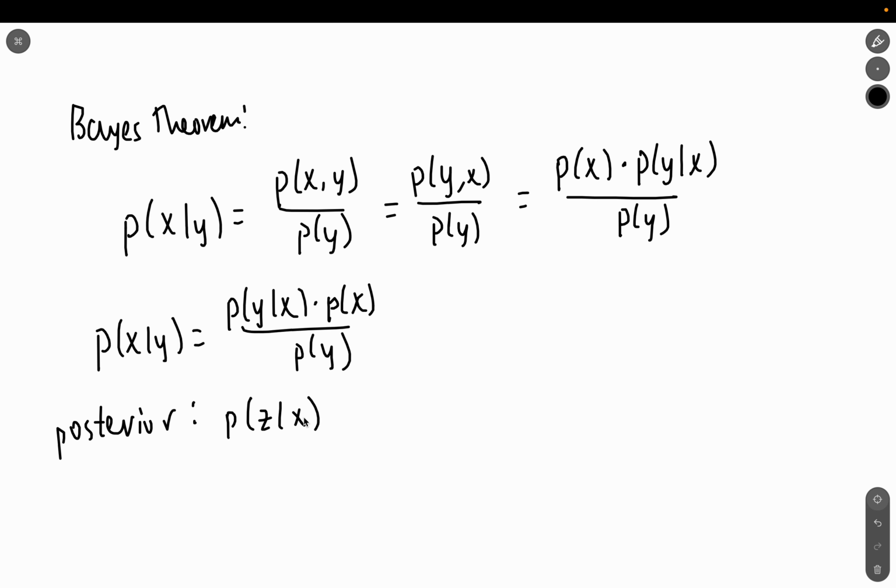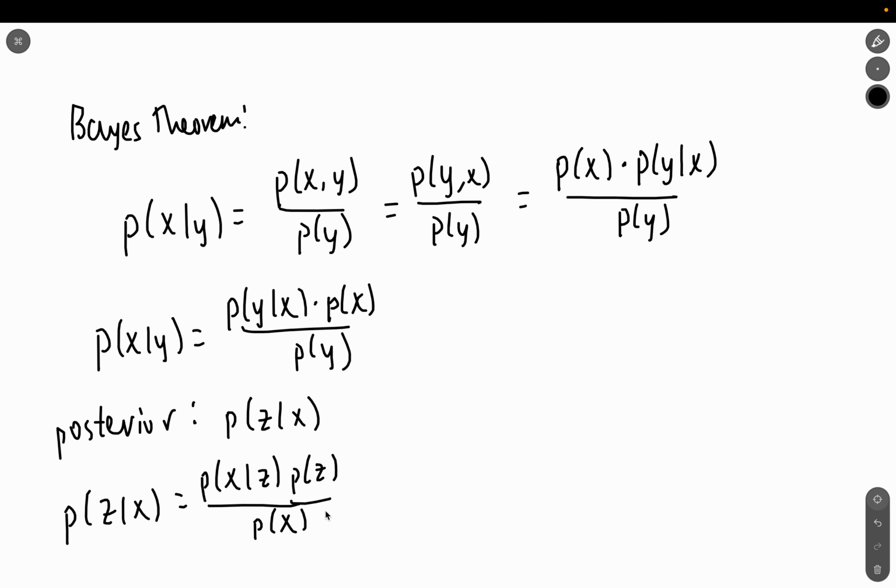And this is much harder. This is something that we're definitely going to have to model or approximate, because this is something that we need to learn. Let's see how it breaks down. P of z given x, using Bayes' theorem, will split into the probability of x given z multiplied by the probability of z, divided by the probability of x.